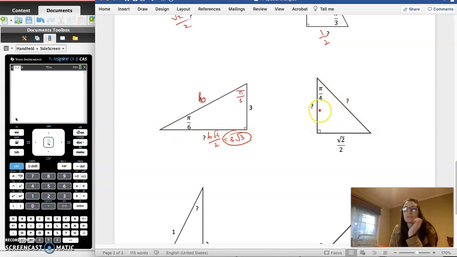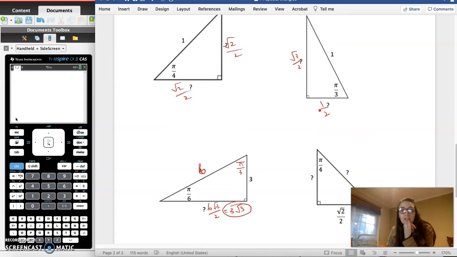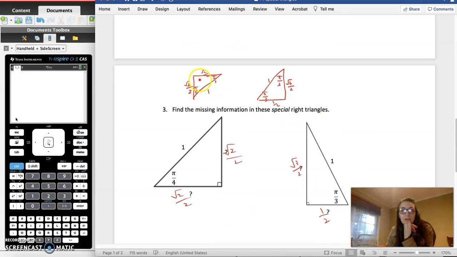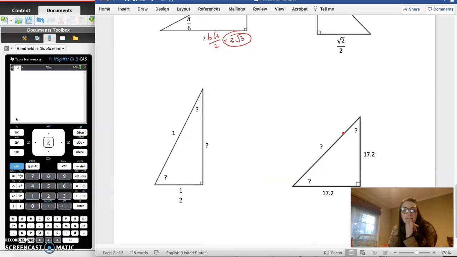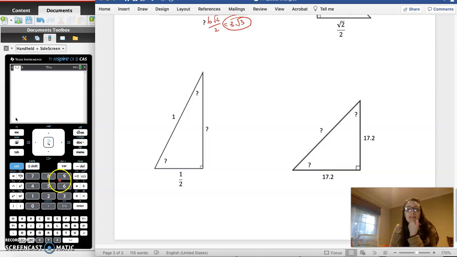This one, again, is our special triangle number 1. It is still normal scale, root 2 on 2, so therefore this one is also root 2 on 2. And that's 1. This one is still normal scale, which is nice.